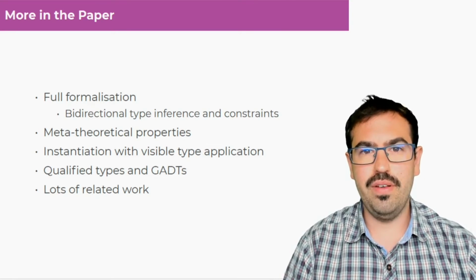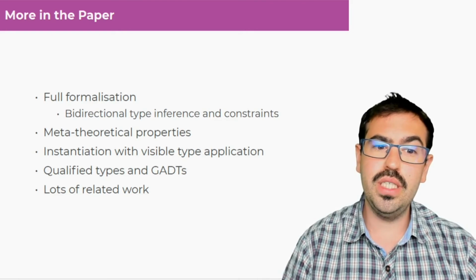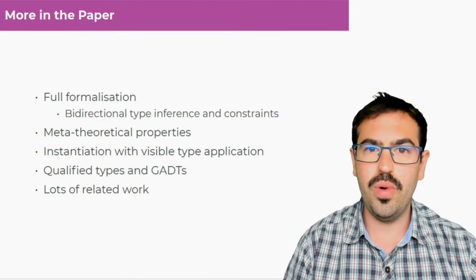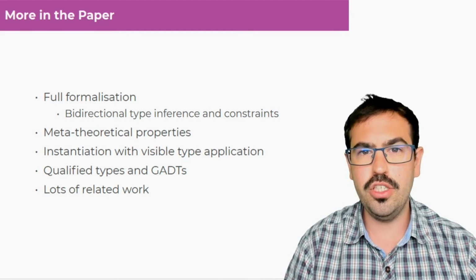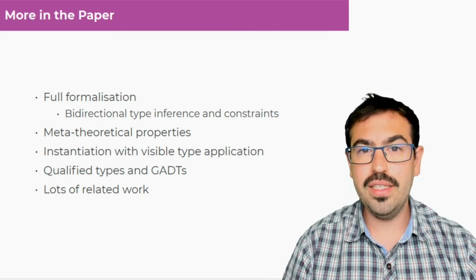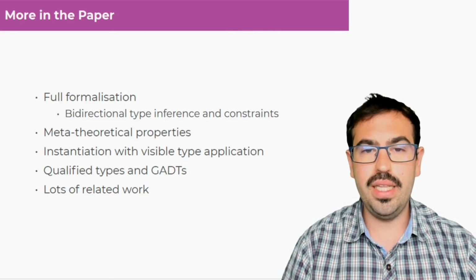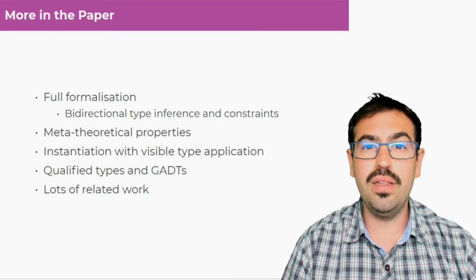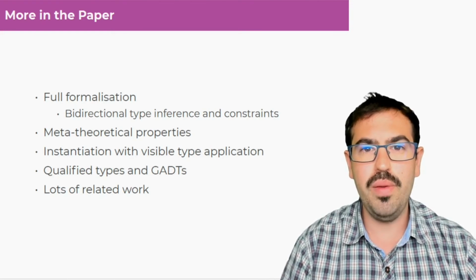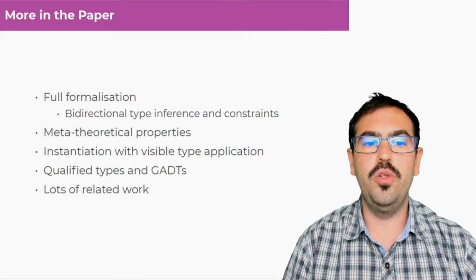Of course, we talk about meta-theoretical properties. Also, we talk about how we integrate Quick Look with visible type application, and the reason is that when Quick Look fails, the easiest way to tell the compiler what this instantiation should be is to use visible type application. So we think it's really important that these two things play together well.